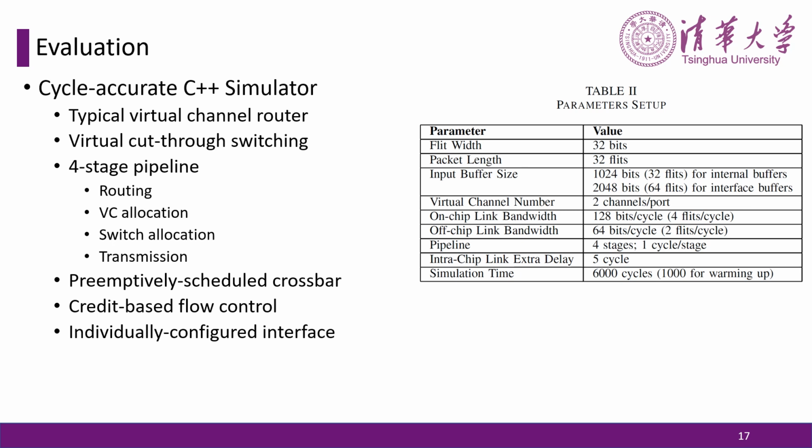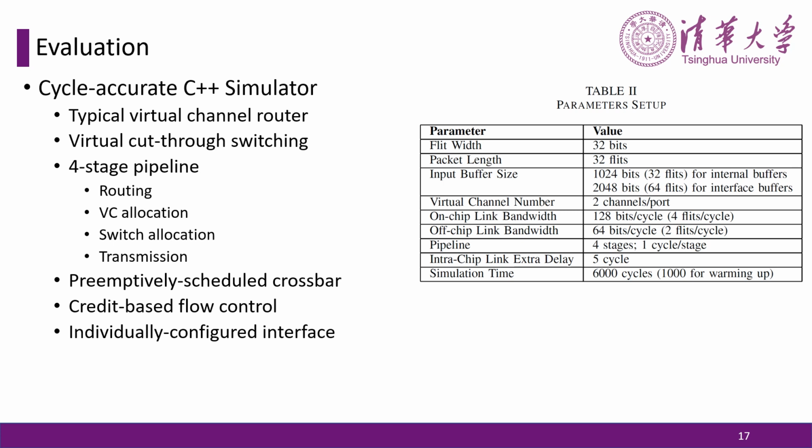The crossbar is priority scheduled, and starvation is avoided through the first-come, first-served strategy. Flow control is based on credit, and each output port can know the occupation of the corresponding input buffer.